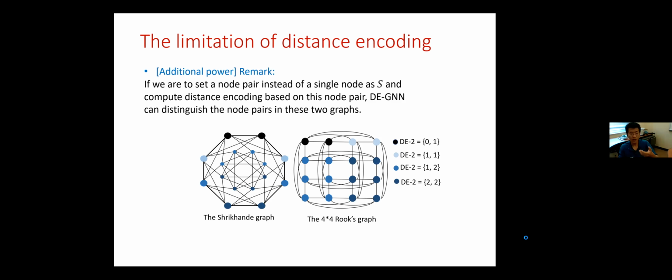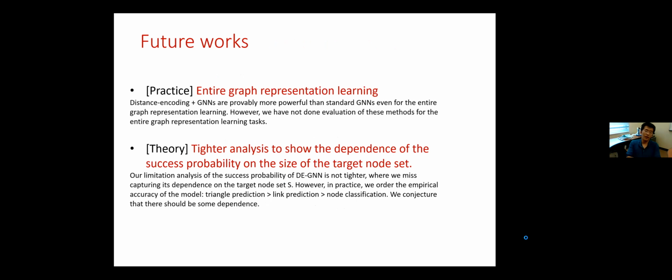We may show that if we use a node pair as a target set to compute this distance encoding, essentially we can distinguish these two graphs and any two node pairs in these two, let's say, distance regular graphs.